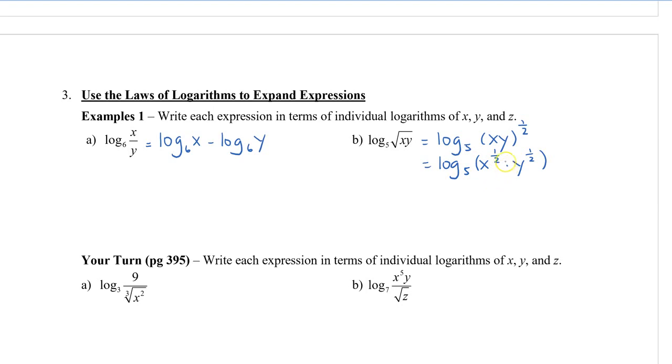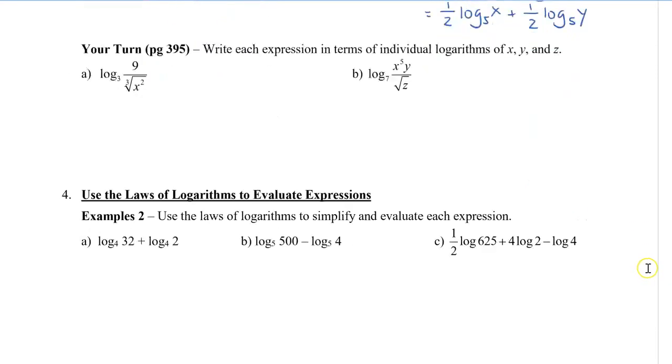So I can see that this is multiplication, so I am going to separate them with addition. And then I am going to bring the exponent to the front as a coefficient. So I have half times log x with the base 5 plus half times log y, also a base of 5.